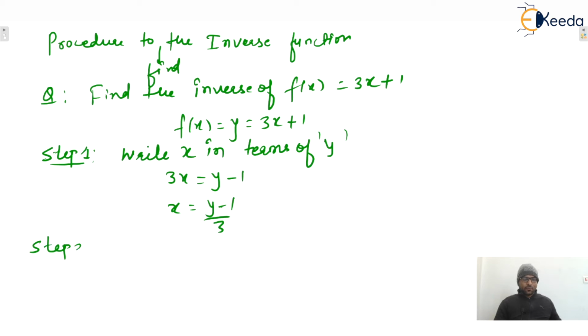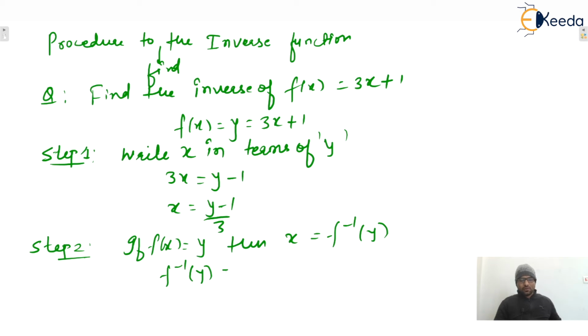Then what is step 2? If f of x equals y, then x equals f inverse of y. So here f inverse of y equals x, that is y minus 1 by 3. Now what will we do in step 3?